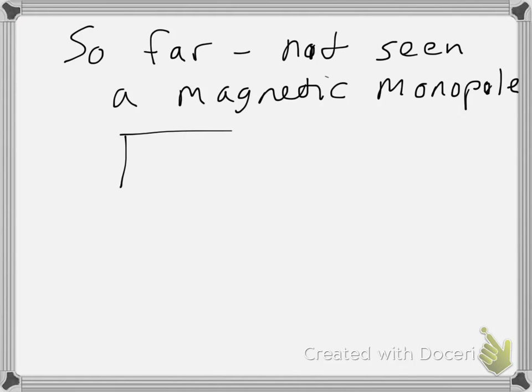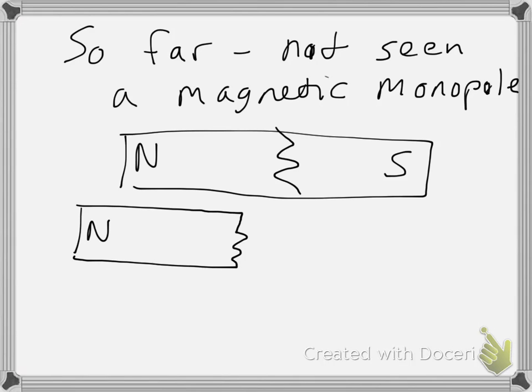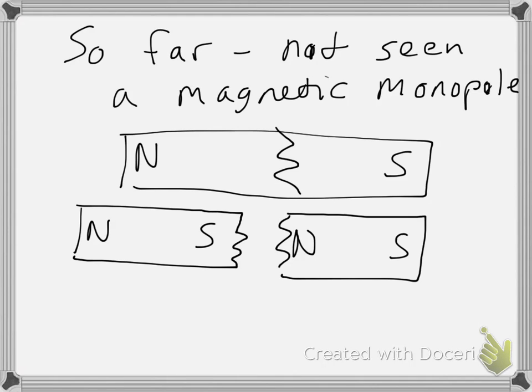If I take a simple bar magnet with north and south poles and I cut it down the middle, instead of getting a north magnet and a south magnet, what ends up happening is I get another south pole here and a north pole there. So we have not been able to separate the two poles away from each other.